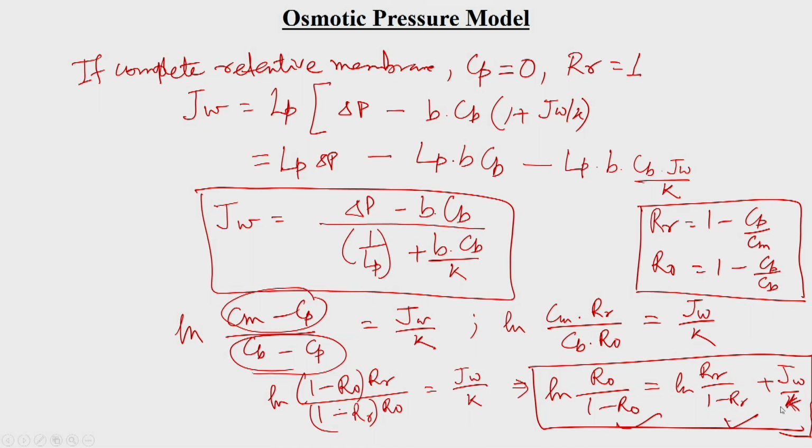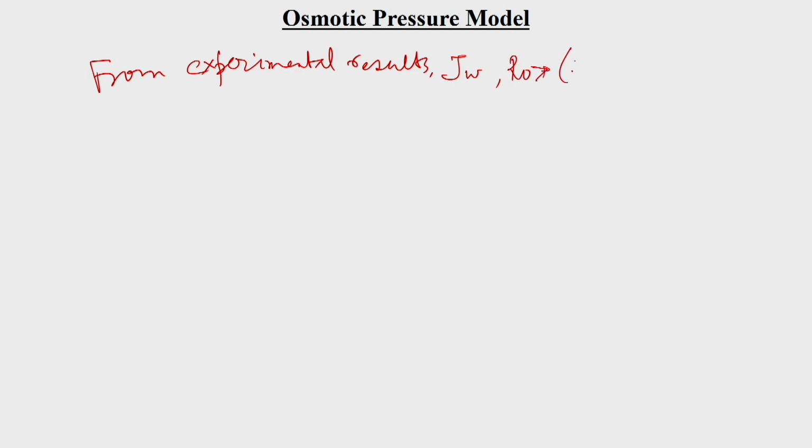So now we have this linear expression for observed retention, real retention, flux value and mass transfer coefficient. Now we can do one thing: from experimental results we can get Jw and Ro, so these will be known.